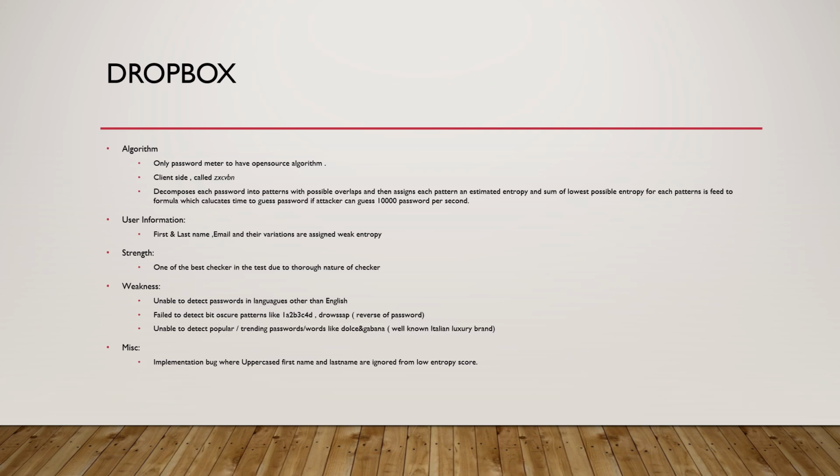There will be multiple patterns coming out of that password, from a really known word to a random string, and if it's a known word it will be assigned a really low entropy.